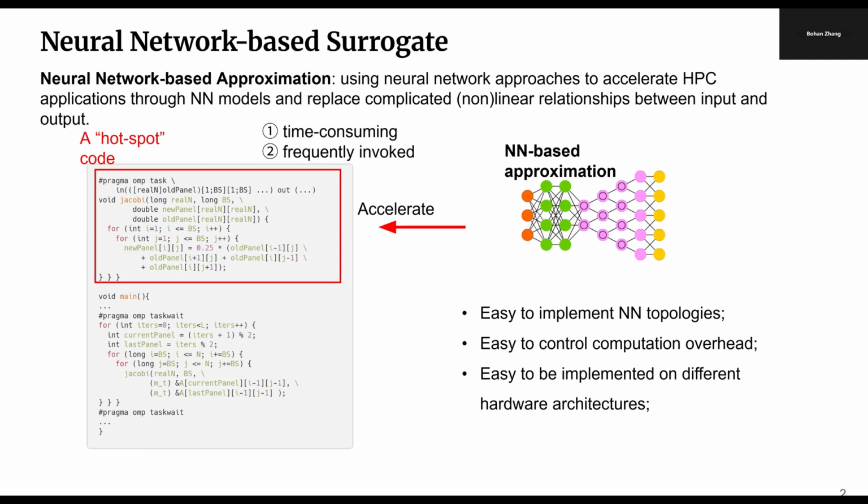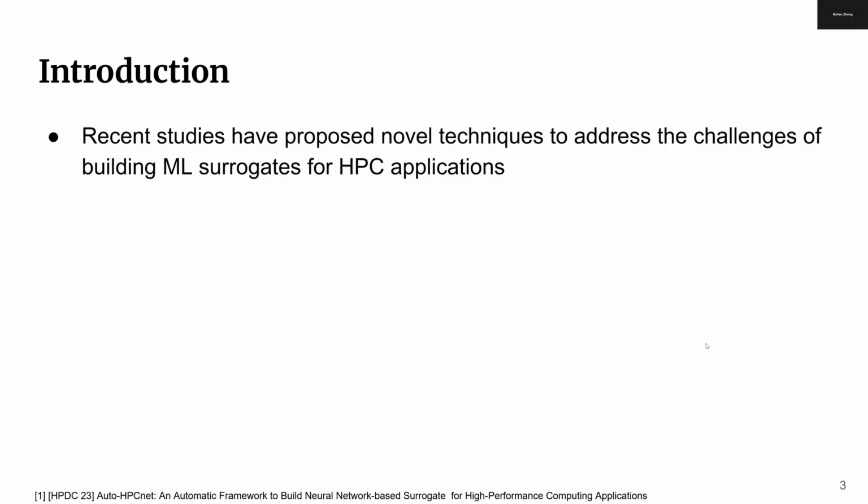The natural question is, can we build this automatically with no expert in the loop? That's where the prior work comes in. Recently, several techniques have tried to automate surrogate construction. The current state of the art is called AutoHPC, published in HPDC in 2023, which combines an autoencoder with AutoML.